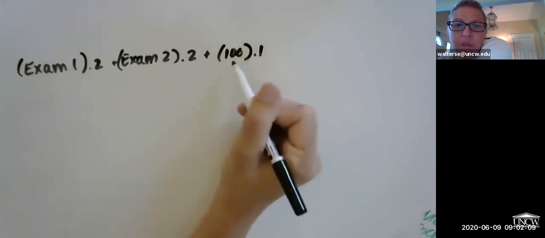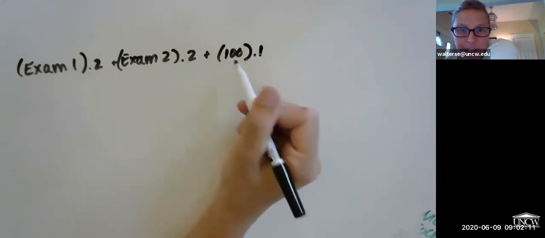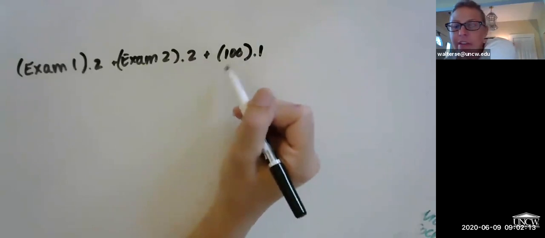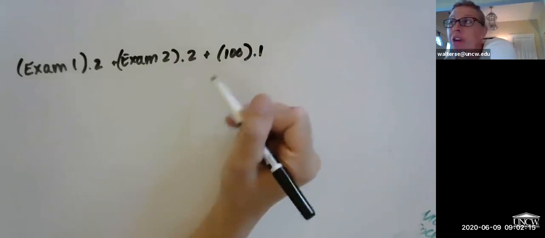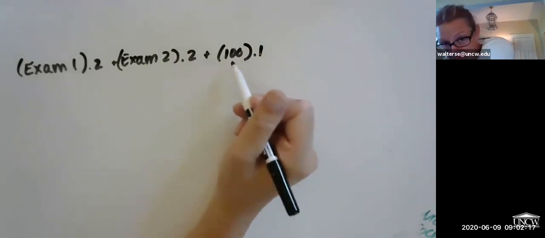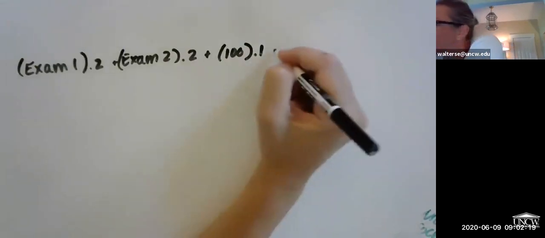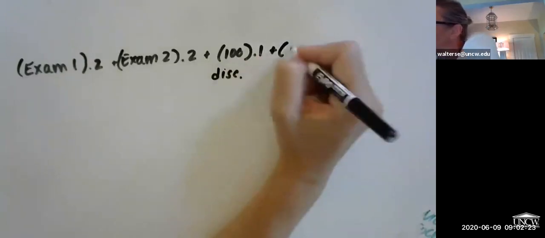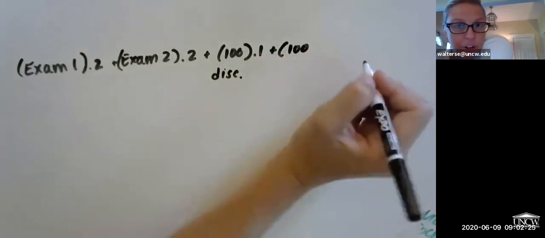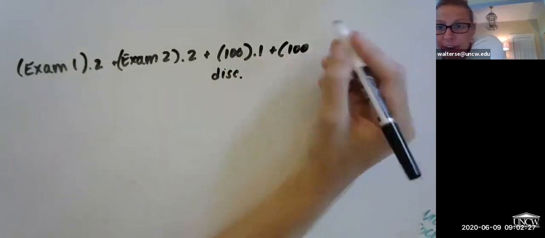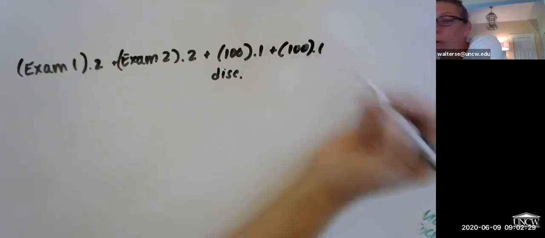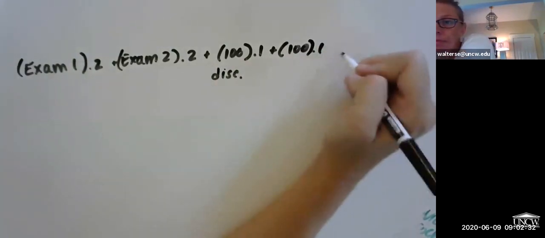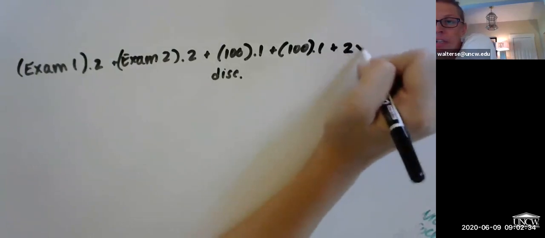So if you know you've missed one discussion, make this an 80. If you know you've missed 2, make this a 60. Okay. So this is the discussions. For Alex, assume you're going to finish it all the way up and get 100 times 0.1. Okay. And then put in 2x.